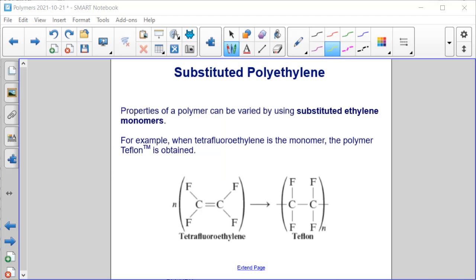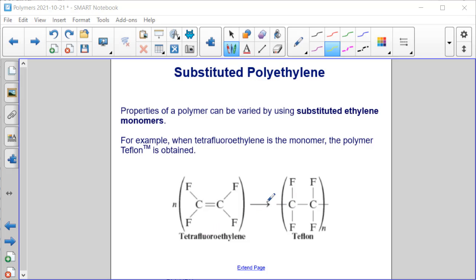Substituted polyethylenes also exist. So properties of a polymer can be varied by using substituted ethylene polymers. And what that means is you substitute the hydrogens for some other element. So when tetrafluoroethylene, meaning we have 4 fluorines and then a carbon-carbon double bond, is the monomer, we get this polymer.